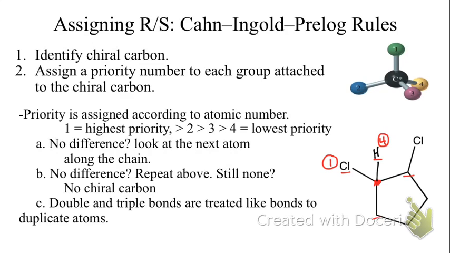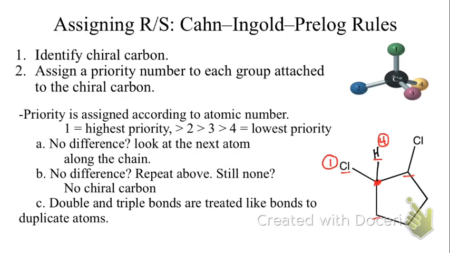If you don't find a difference, then there's no chiral carbon, so what you did was mislabel. So this might be an easier way to identify a chiral center than we had done earlier. The last rule on there we'll come back to quite a bit later.